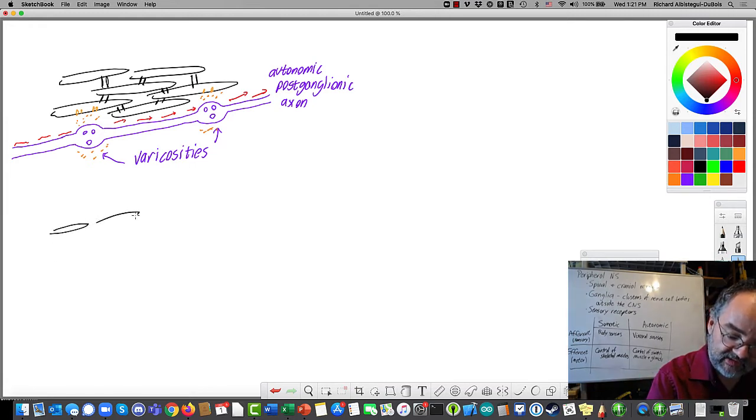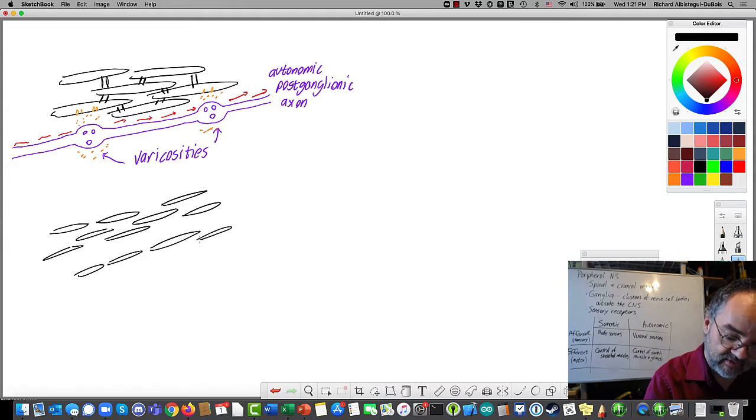So now let's make some multi-unit muscle. We'll leave off the gap junctions since it's multi-unit.